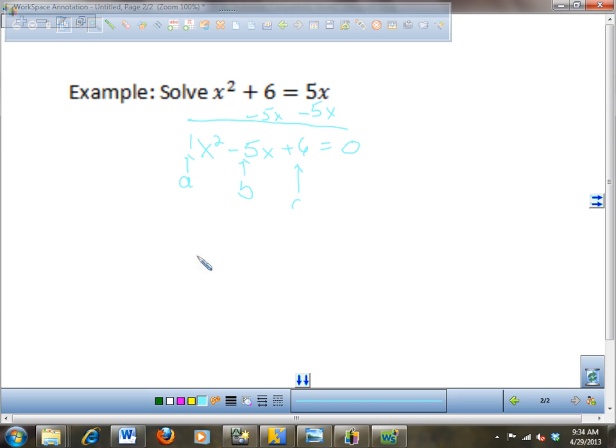So plugging into the quadratic formula, all you do is plug and chug. I'm going to plug it in exactly, without simplifying first, so you can see where it is.